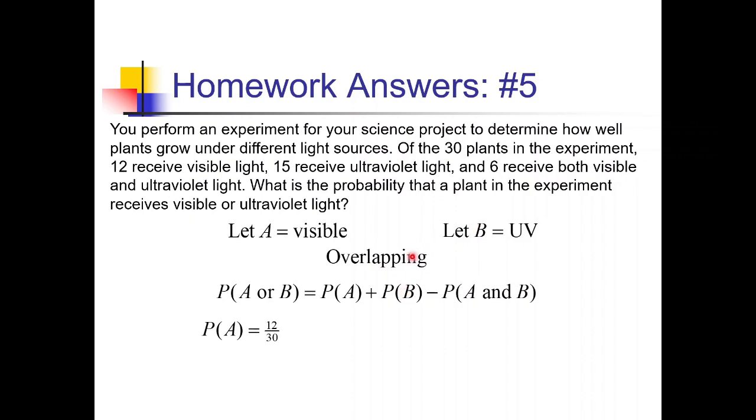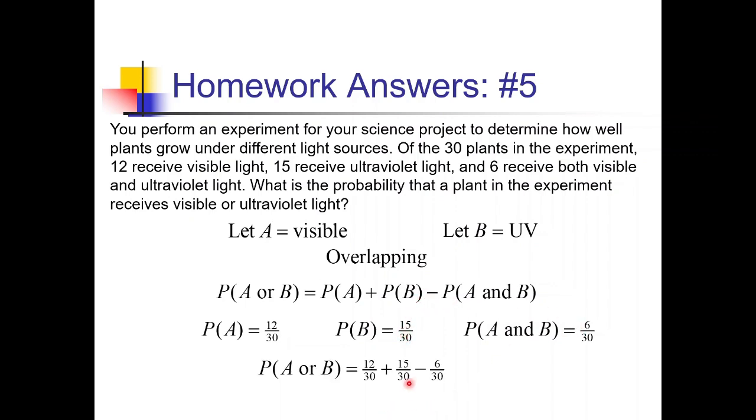P of B, the UV, was 15 over 30. And P of A and B, the ones that got both lights, was 6 out of 30. So putting this together with our formula, we have 12 plus 15 minus 6 over 30. So this is 27 minus 6, which is 21 over 30. And I can reduce that to 7 over 10.